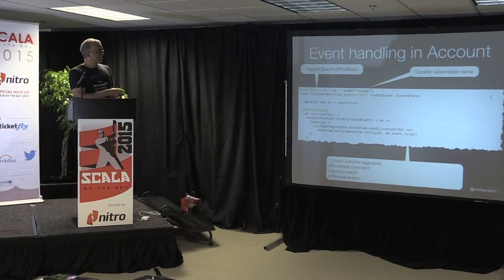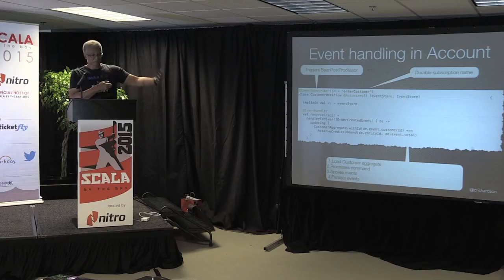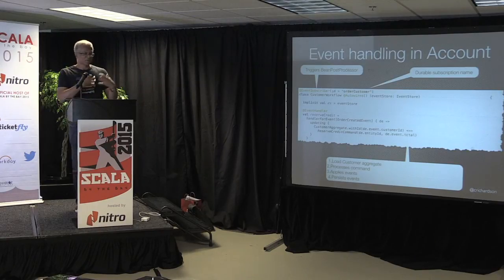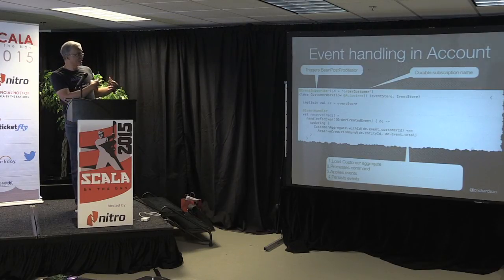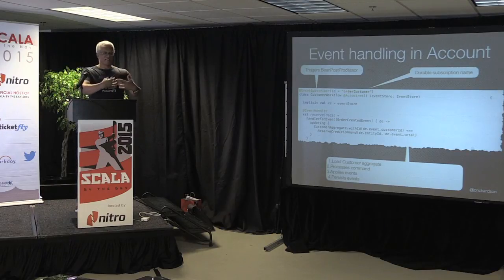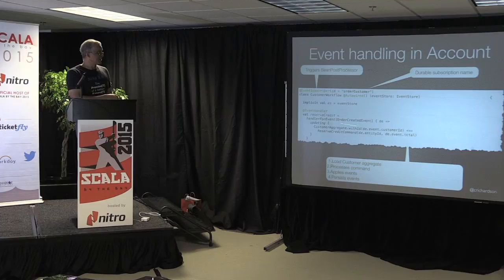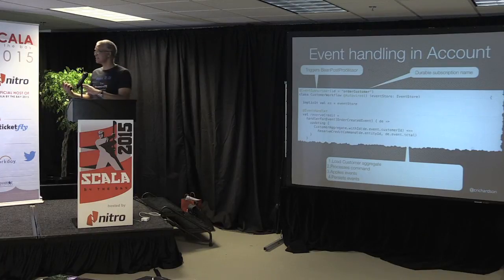So we're creating a durable name subscription to the event store. So if the consumer is not actually up and running, it's going to get the events when it starts up again. And then here's an event handler for order created that's saying, well, I'm going to update this customer aggregate with this particular ID. So it's the customer attribute of the event.